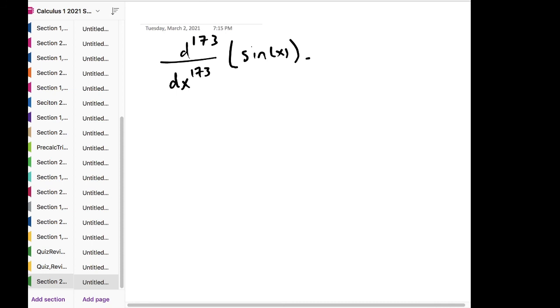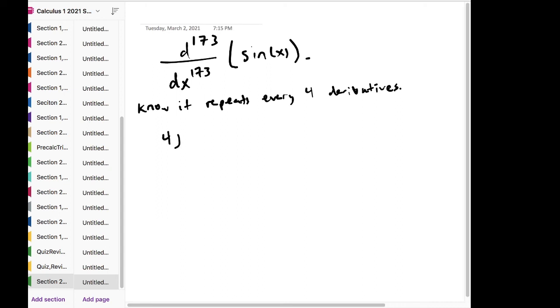Okay, so you know it repeats every 4 derivatives. So let's divide 4 into 173. Okay, how do you do long division again? How many times does 4 go into 17? 4 times. 1.